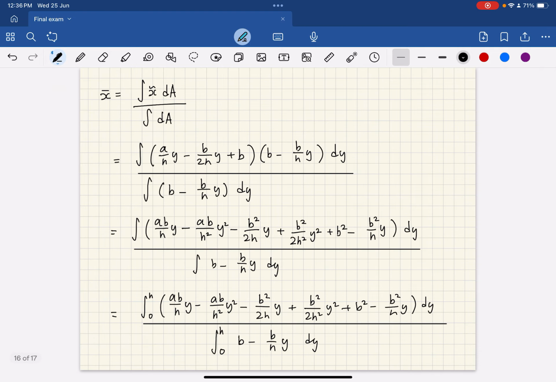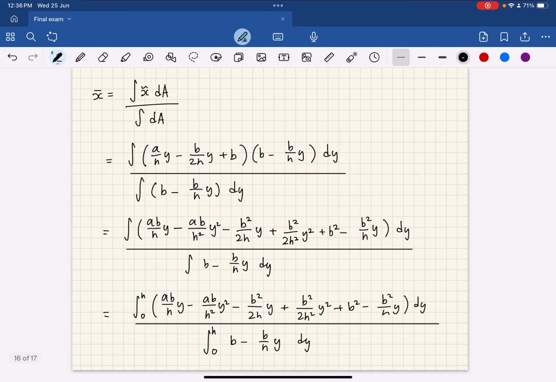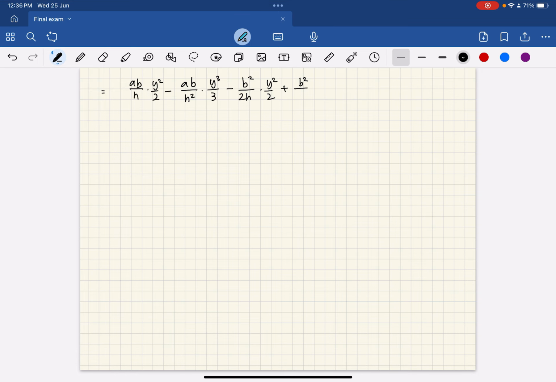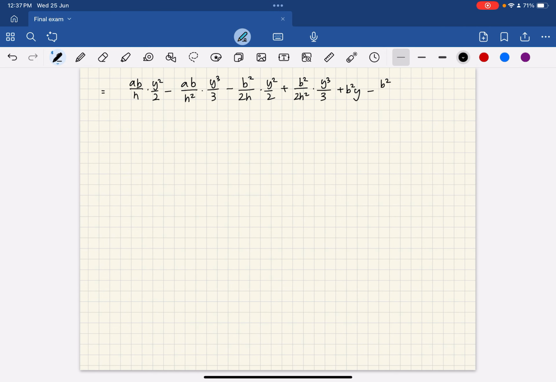So ab over h times y squared over 2, minus ab over h squared times y cubed over 3, minus b squared over 2h times y squared over 2, plus b squared over 2h squared times y cubed over 3, plus b squared y, plus minus b squared over h times y squared over 2.